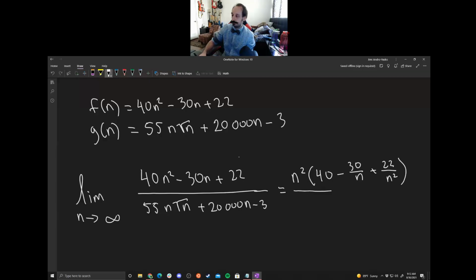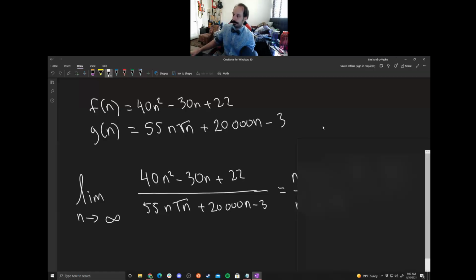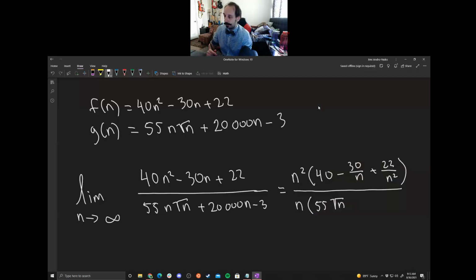Then I'm going to factor n root n out of the denominator. We get 55 plus 20,000 over root n minus 3 over n root n.